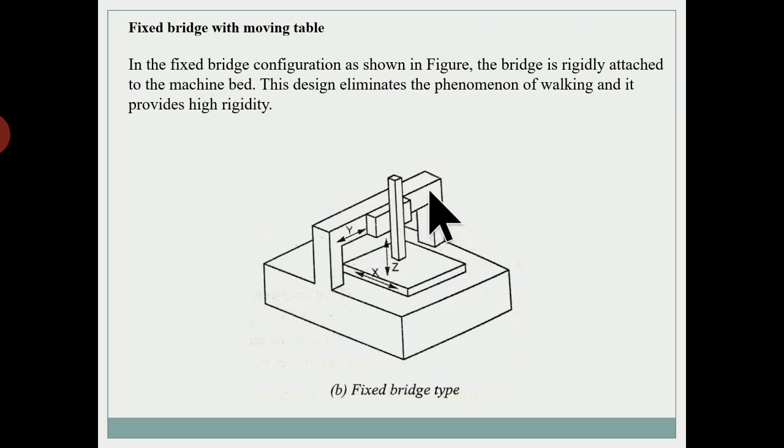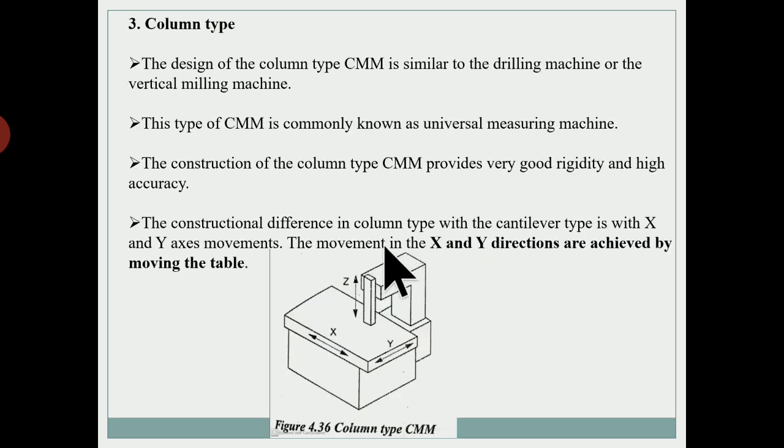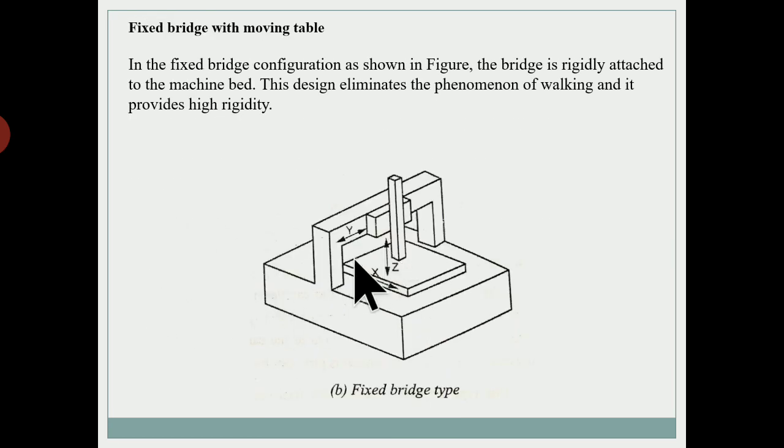In the previous case, this portion is movable in x-axis direction, but here the bridge is rigidly attached to the machine base, and this design eliminates the phenomenon of walking, and it provides high rigidity. In this case, the x-axis motion is provided by motion of the work table. That is a fixed bridge with the moving table CMM.